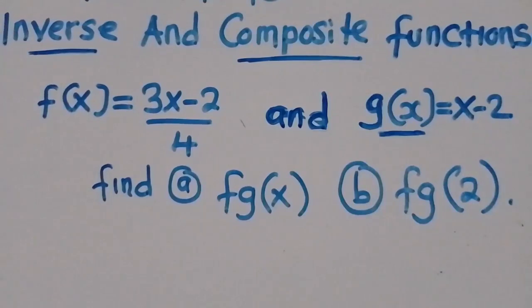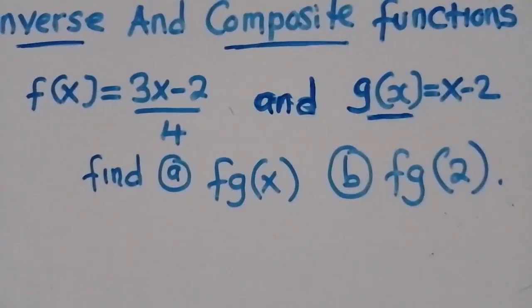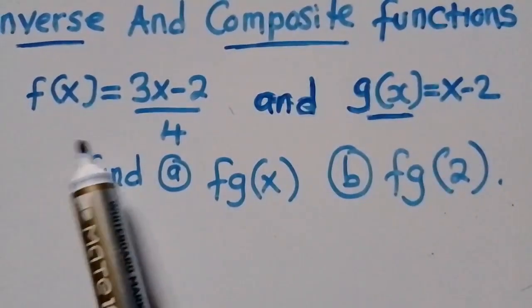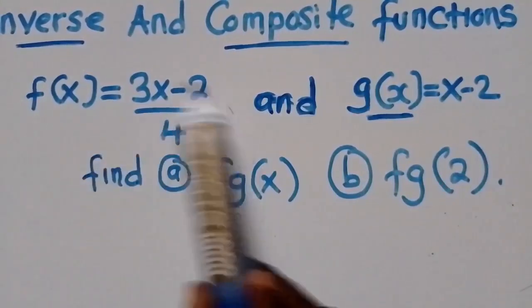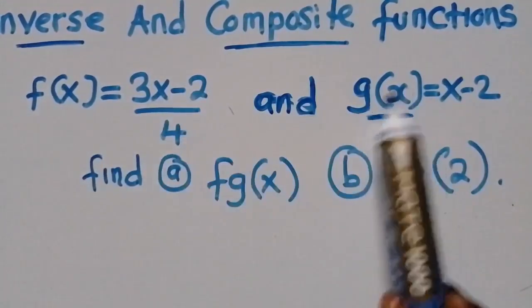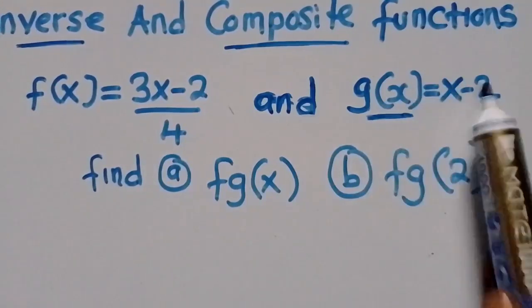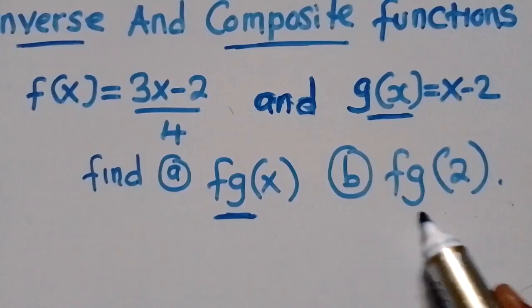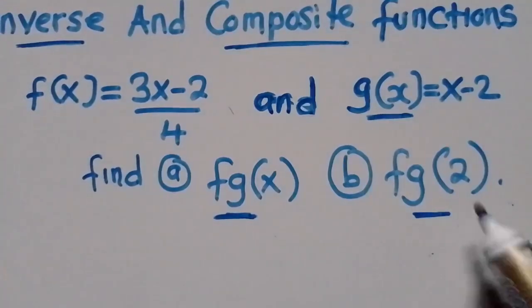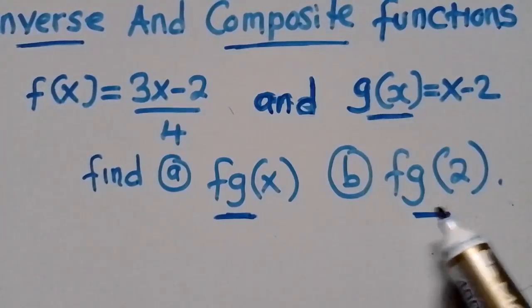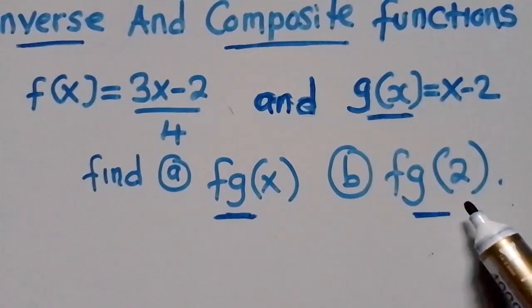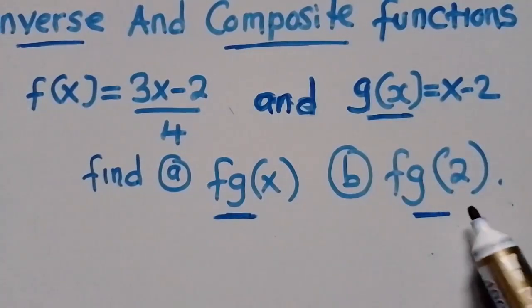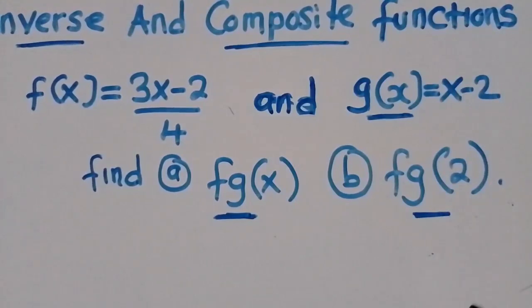So you'll be given something like, given that f of x is equal to this, and g of x is equal to that. The first question, you are told to find fg of x. The second question, you are told to find fg of 2. These are the two questions which you want to answer.